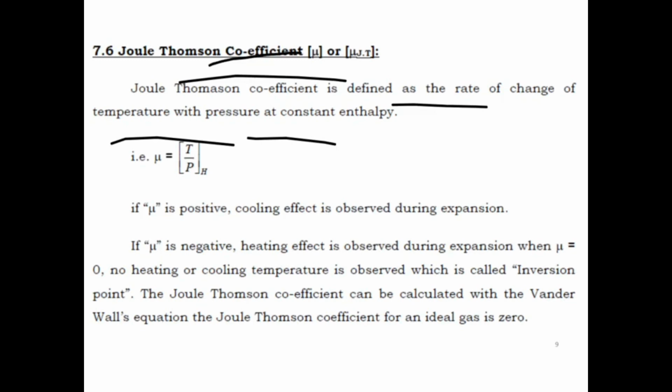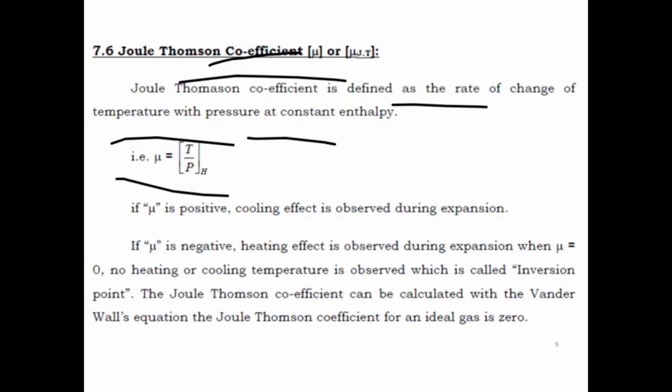Here mu is equal to dT by dP at constant H. T is the temperature, P is the pressure, H is the enthalpy of the system. In the bracket, the small subscript H means H will be constant.